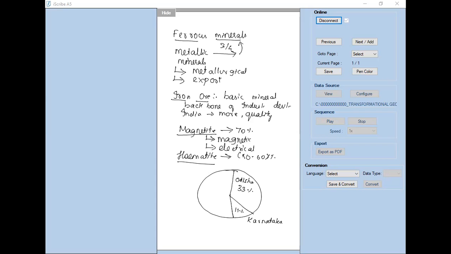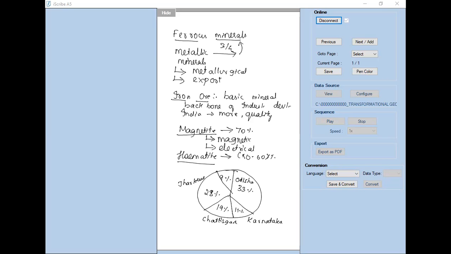Karnataka has 11 percent. Chhattisgarh has 19 percent. And Jharkhand has 20 percent. Other states have 9 percent.